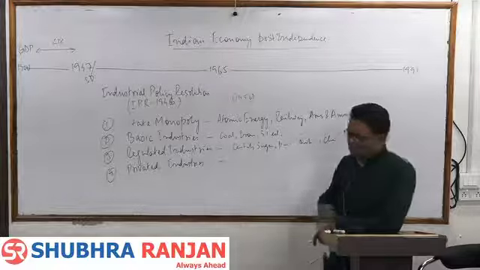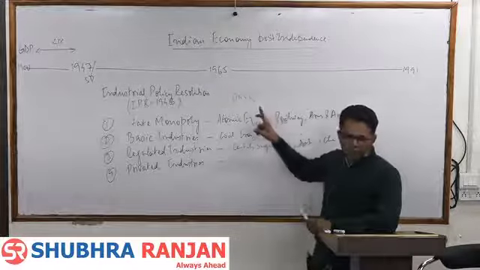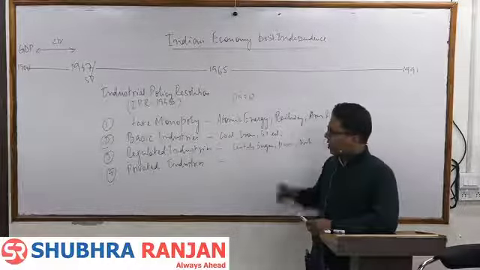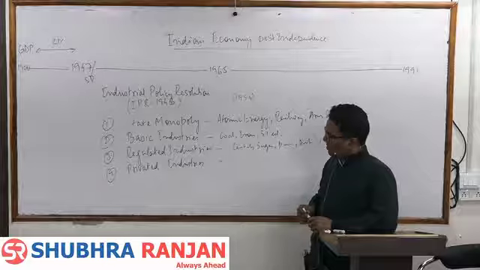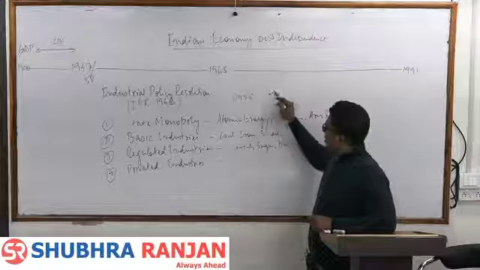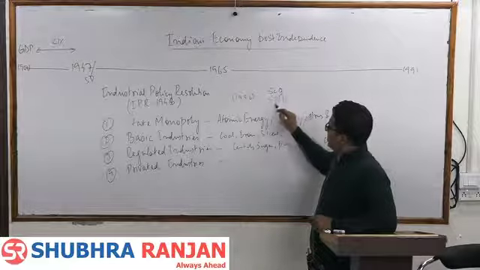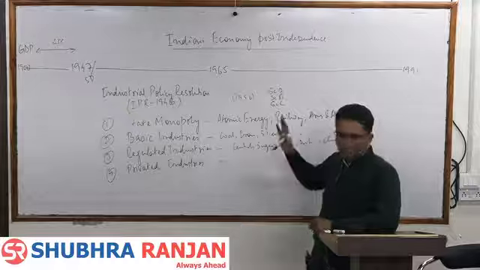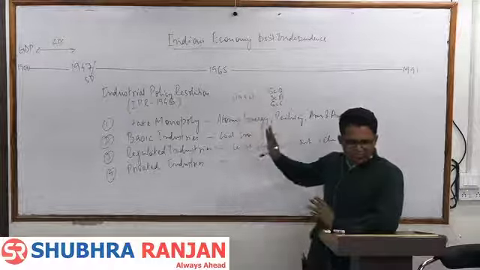ठीक है, in 1956 we brought another IPR, we changed this. So in 1956 we divided all the industry into 3 categories: Schedule A, Schedule B, Schedule C. So basically we have changed this several times, so no need to remember all this.